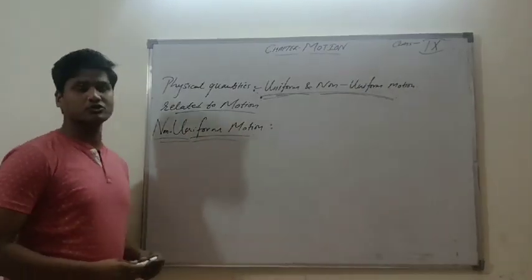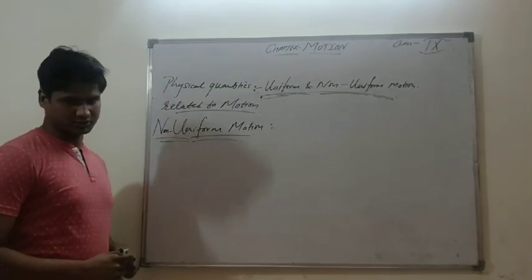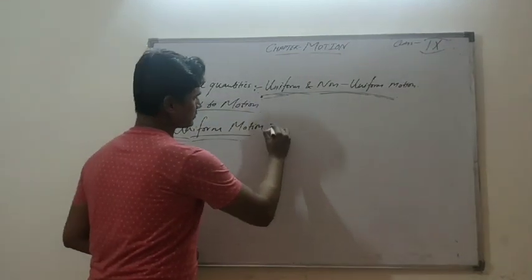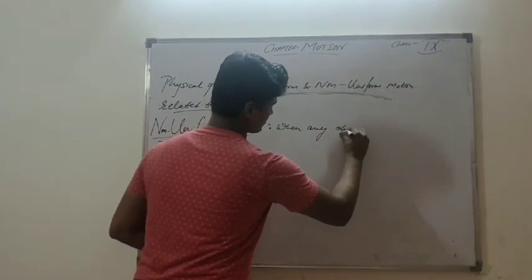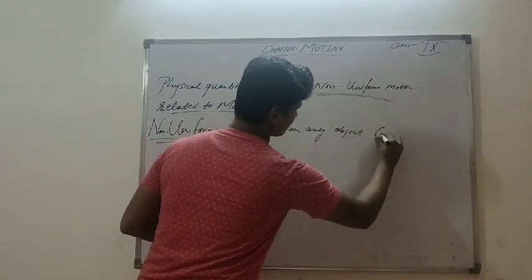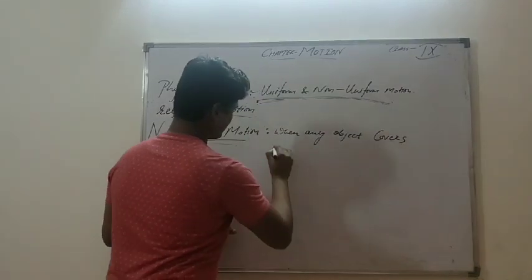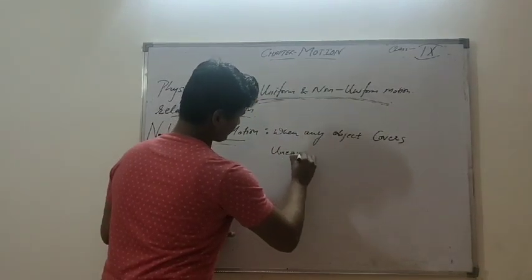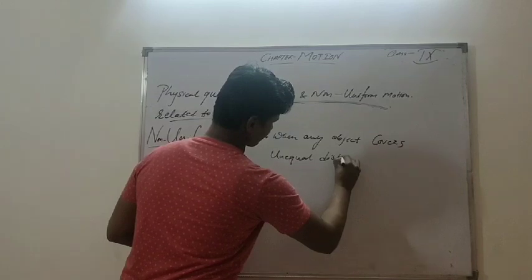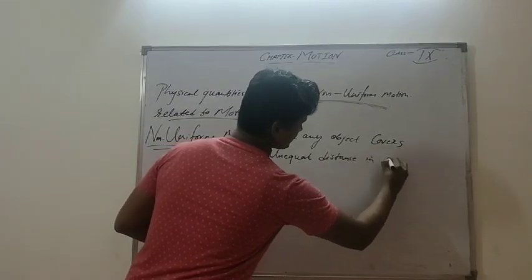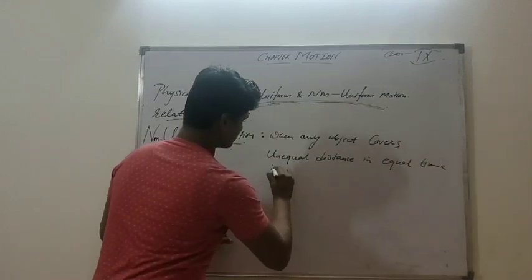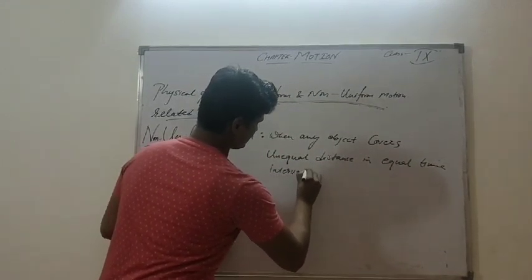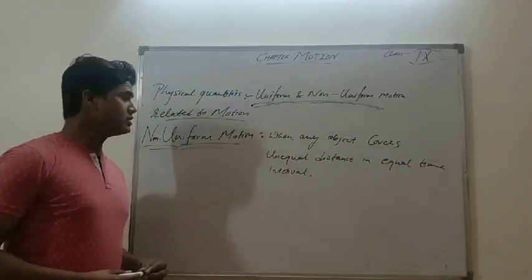After uniform motion, now we understand non-uniform motion. In this, when any object covers unequal distance in equal time interval, this motion is said to be non-uniform motion.